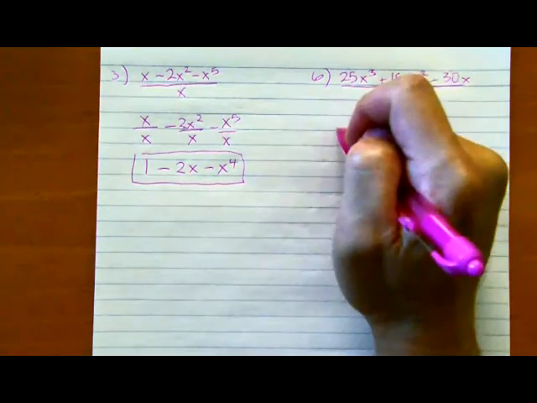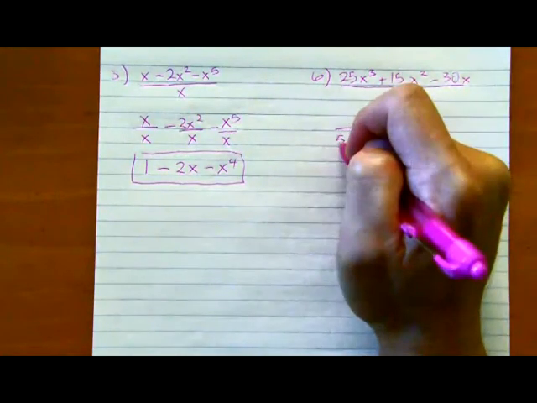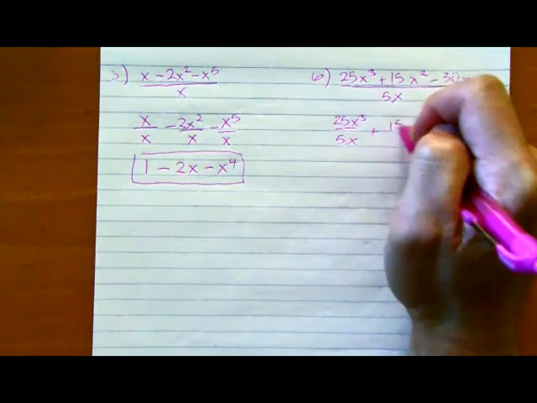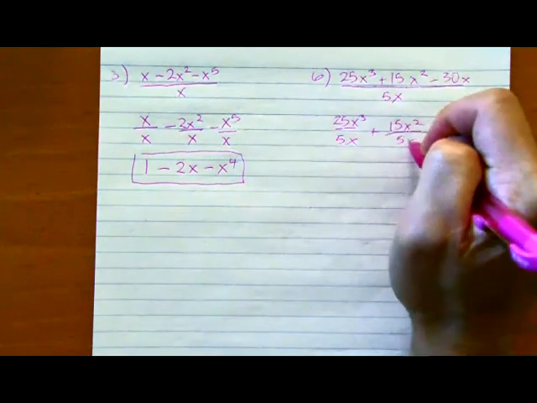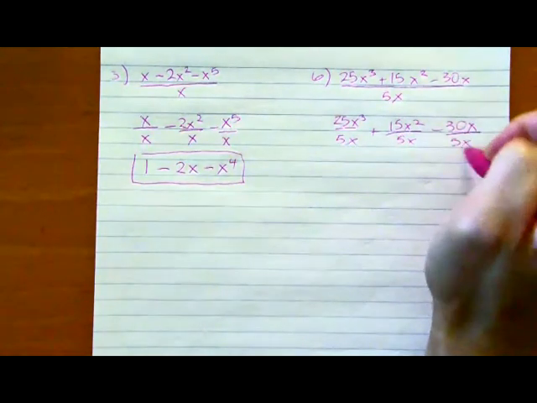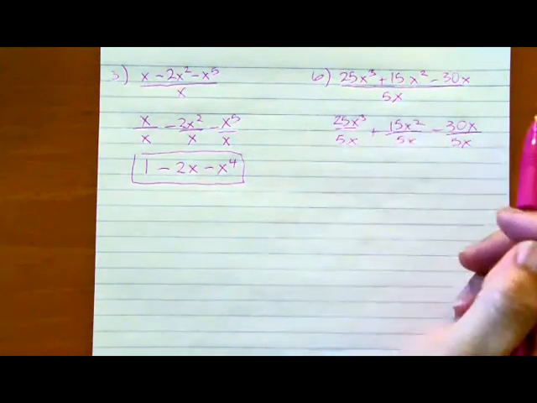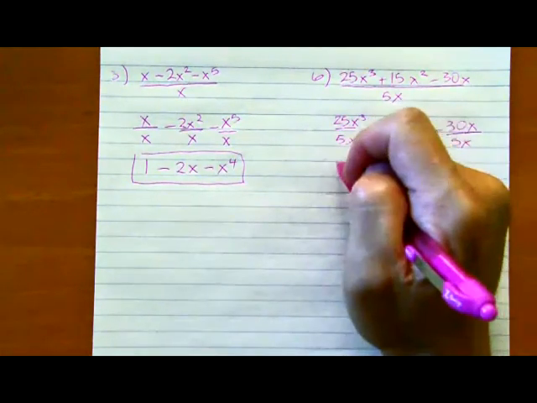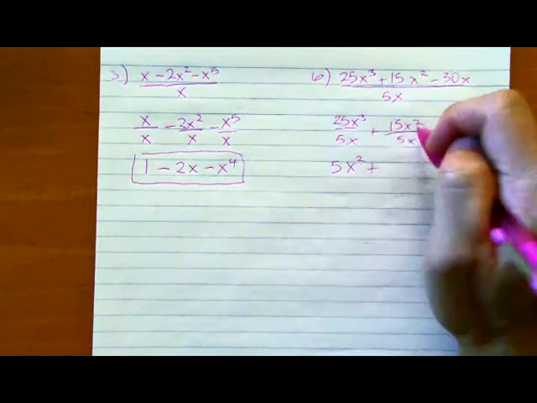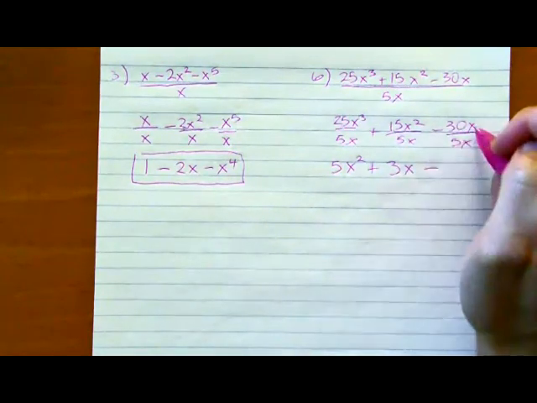So we are going to divide each term separately by 5x. Okay, once you divide each term by 5x, it's like simplifying the fractions. So this would be 5x to the second plus 3x minus 6.